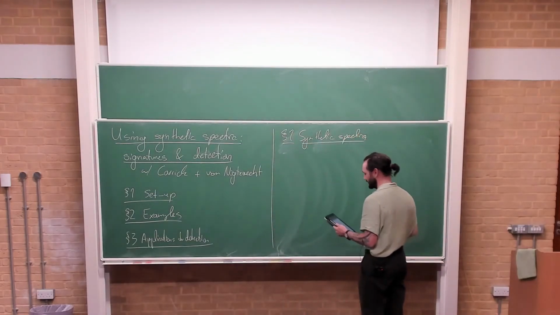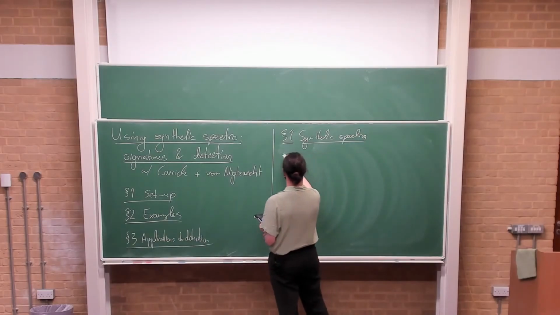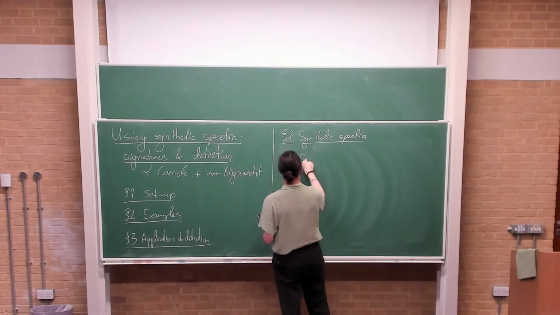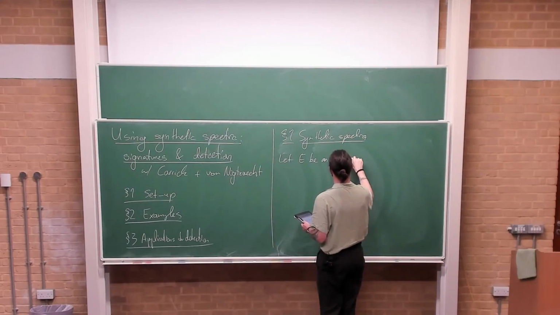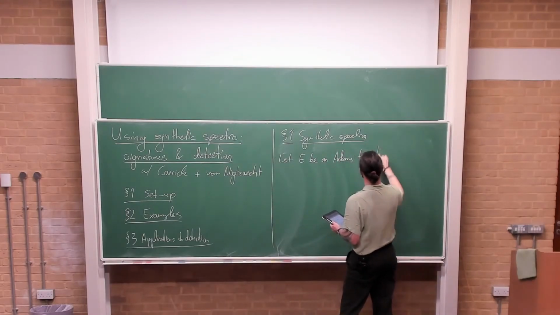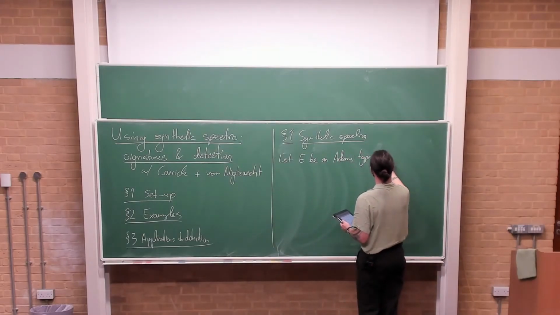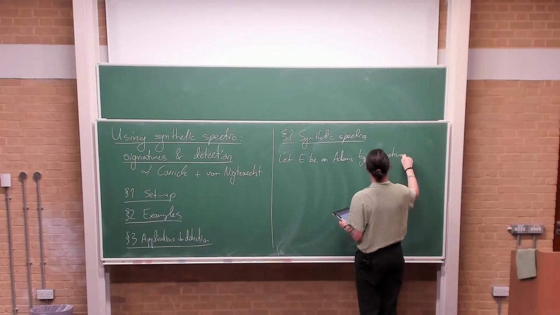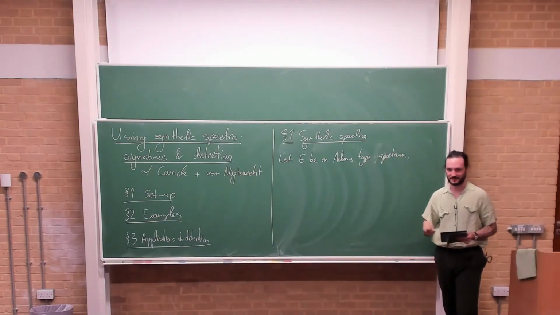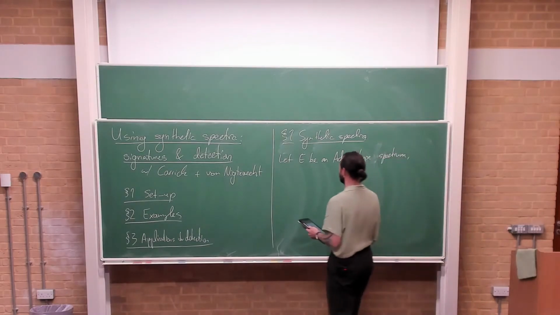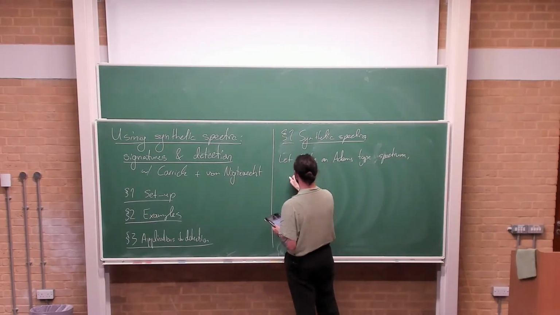Okay, so for this part of the talk, we're just going to let E be some Adams-type homology theory or spectrum. So think of anything where you have a reasonable E-based Adams spectral sequence. Then you can define an infinity category of synthetic spectra.